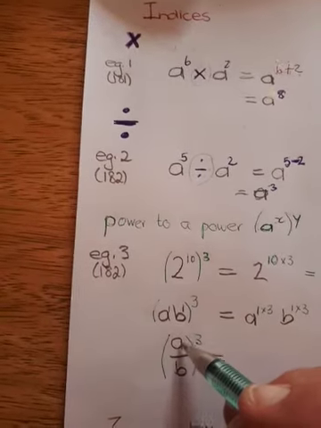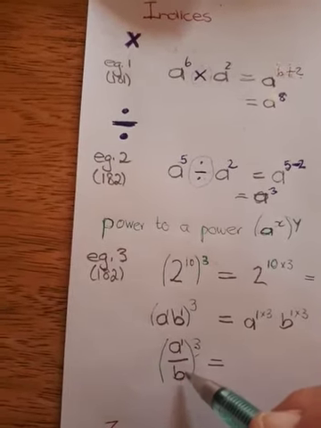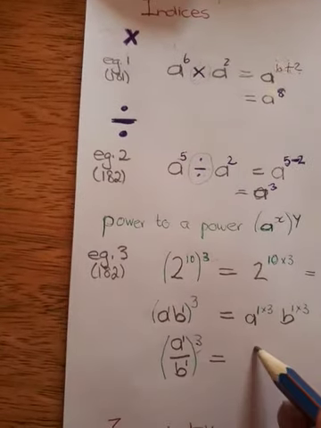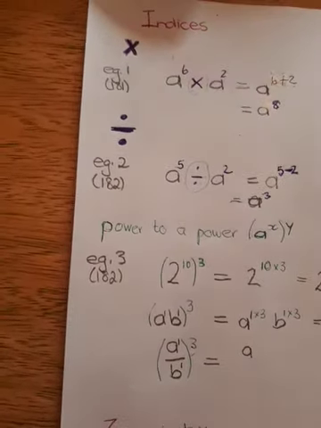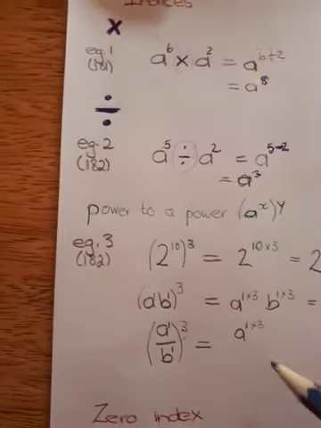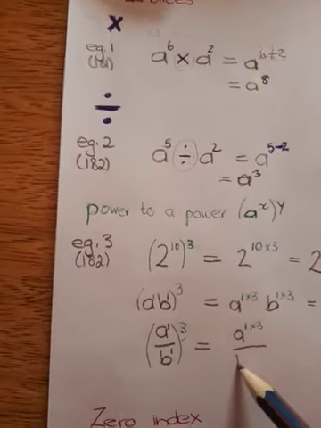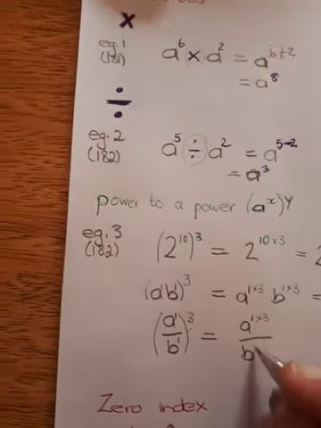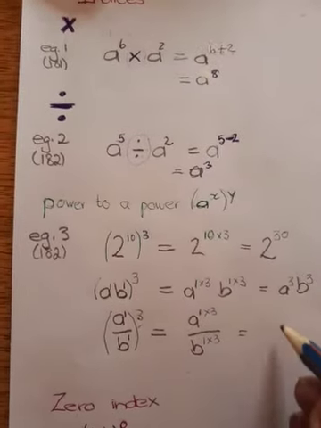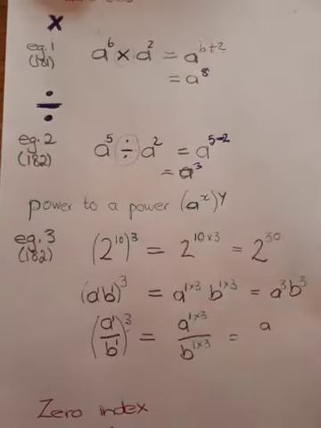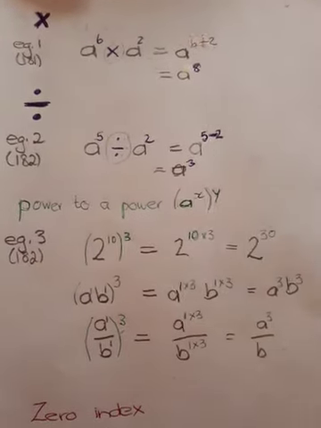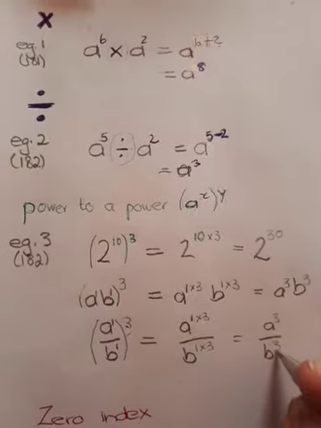So once again, remember, if there is no power, then it is actually an index of 1. So now we can have A to the power of 1 times 3 divided by B to the power of 1 times 3, which gives me an answer of A to the power of 3 divided by B to the power of 3.